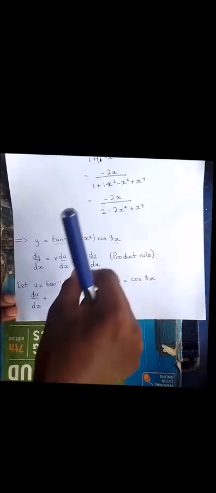As usual, we have to differentiate u with respect to x. So du dx is to differentiate arctan(1 minus x squared). Remember, we have already differentiated it, so we're going to lift our answer into this place, giving us minus 2x all over 2 minus 2x squared plus x raised to the power 4.